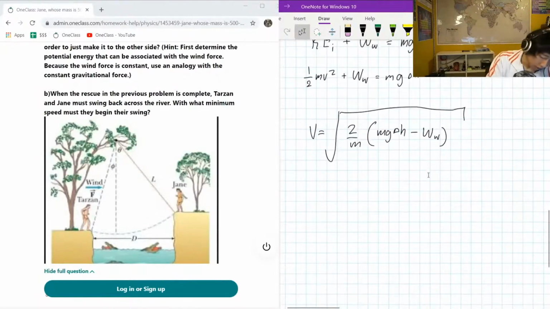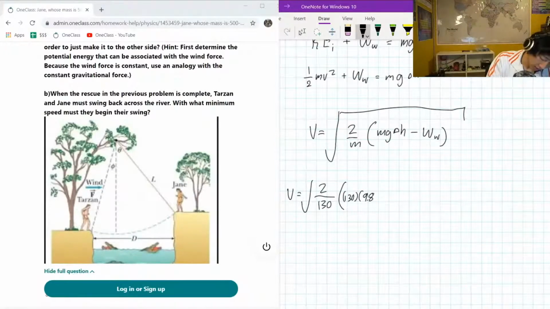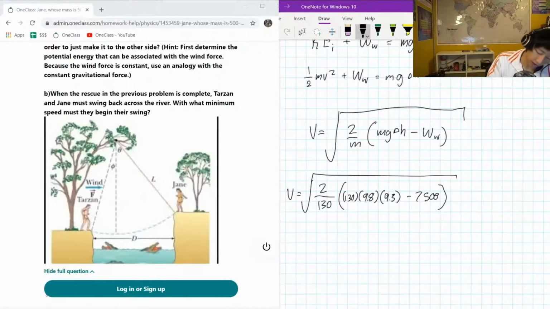Okay, cool. So let's sub in our numbers. 2 over our combined mass, so that's 130 kilograms, times 130 kilograms, times 9.8 meters per second squared, times our change in height, which was 9.3 meters. It's the same change in height, minus 7,500. That's the amount of joules, the work done by the wind. So let's calculate this out and see what we get.